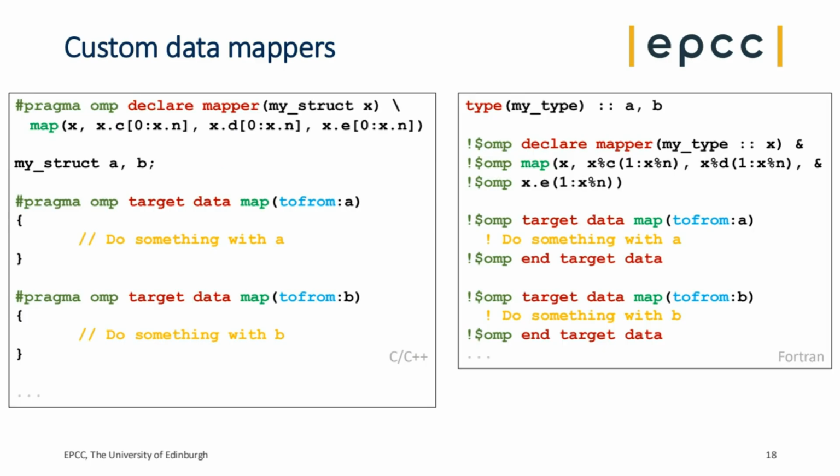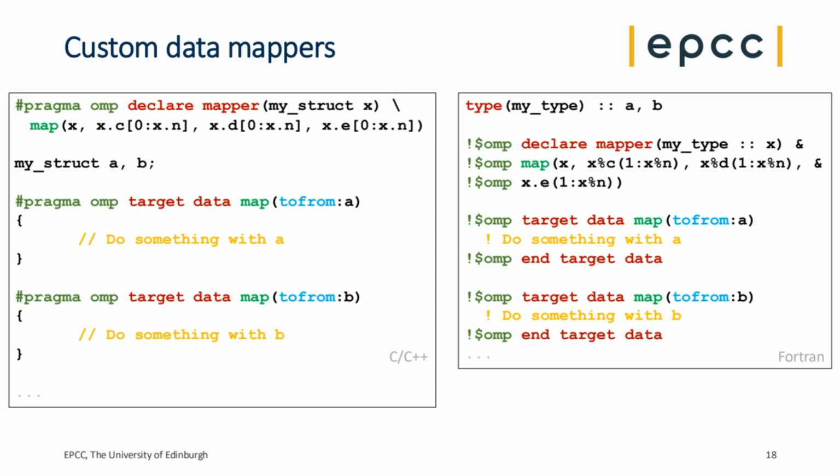So we're using an OpenMP declare mapper construct, and we're making sure that when we need to map an instance of that type, everything is written to the GPU. So that's the size, the N value, and all of the arrays too.